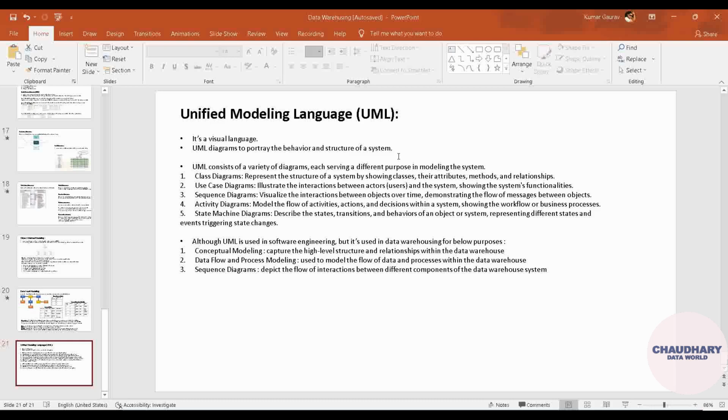So to represent them or to collaborate with other teams to construct the whole system, we need a centralized language which should be standardized. So this particular language UML is used for that purpose, in which we construct our whole system. That might be a data warehousing system, that might be a software, a whole software life cycle. All these things we represent in the form of UML, which is a very standardized one.